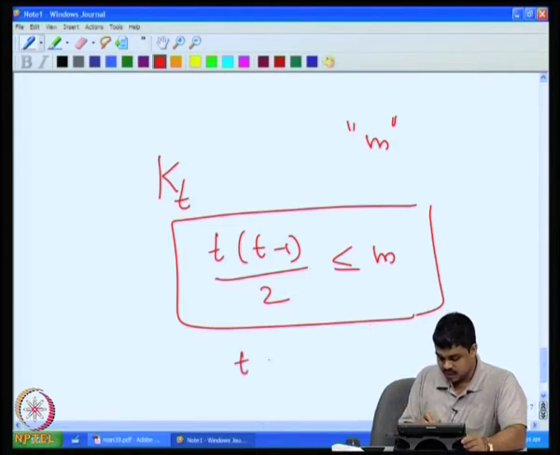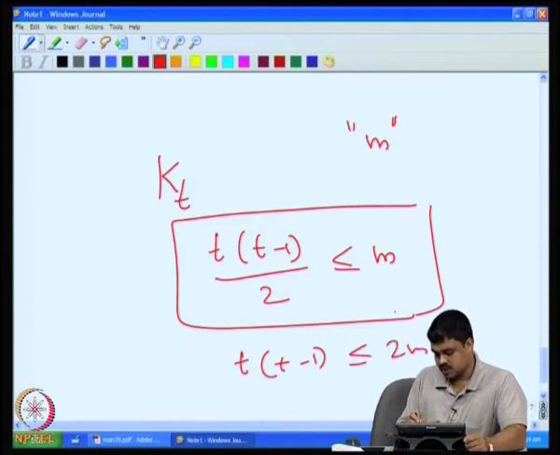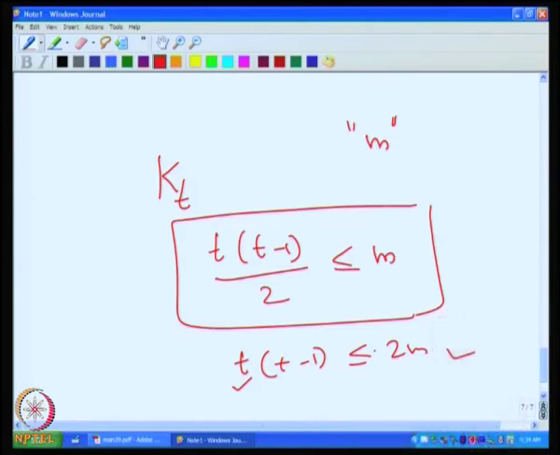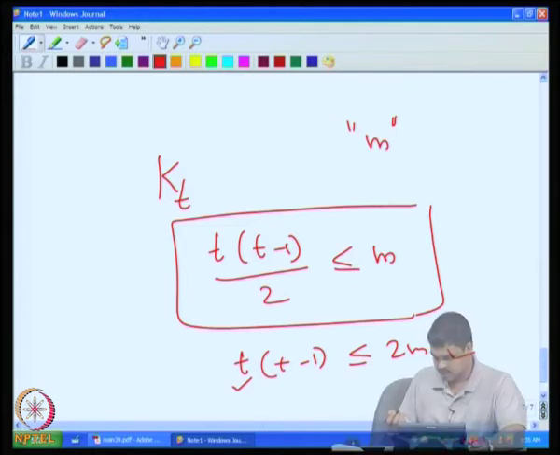So, from this we get t times t minus 1 is at most 2m, and we can get some upper bound for t in terms of m, something like root 2m. Therefore, if the number of edges is very small, we cannot expect very large minors, of course. It can be much smaller.